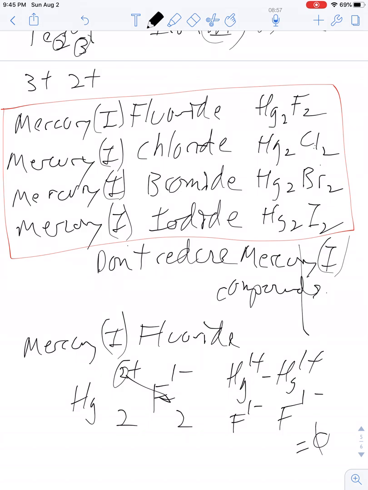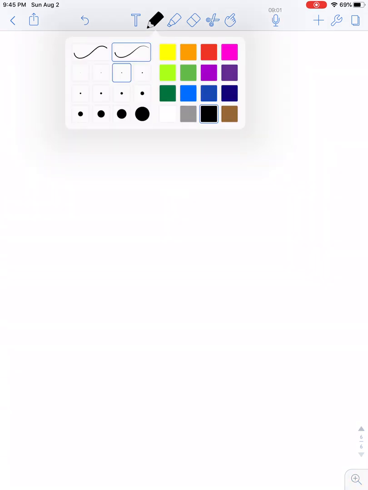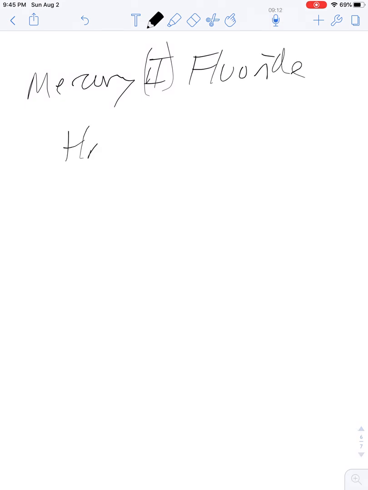Now, mercury 2 can still exist with something else, so if we were to do this with mercury 2, mercury 2 just follows the rules normally. So you'd write the charge, and then crisscross, 1 would go there, 2 would go there.